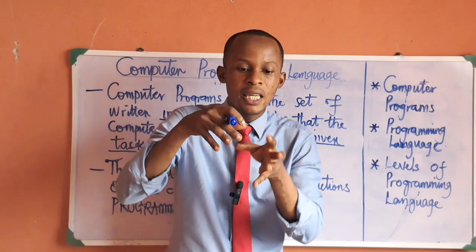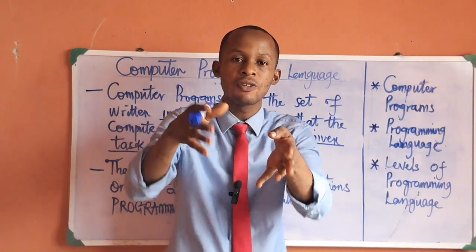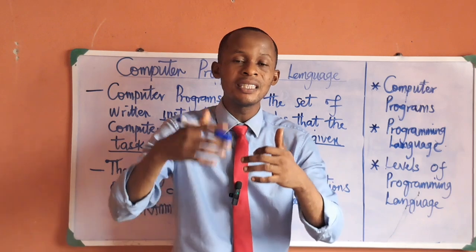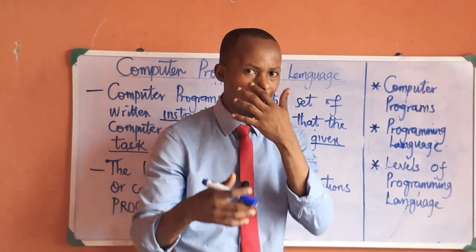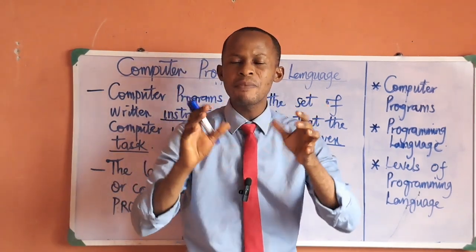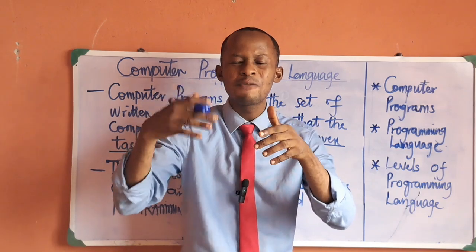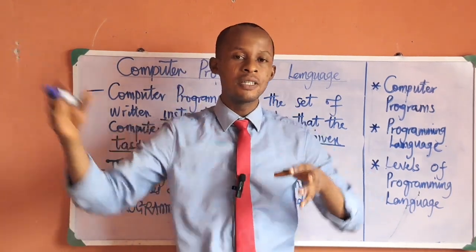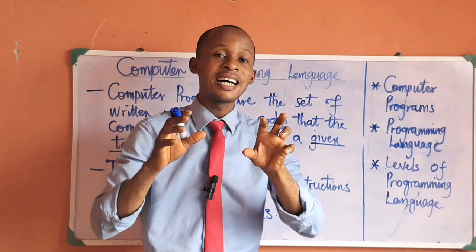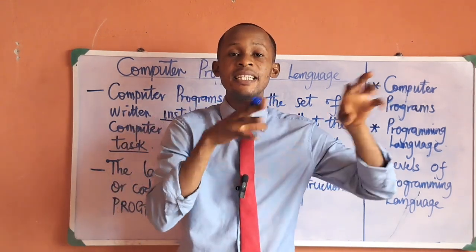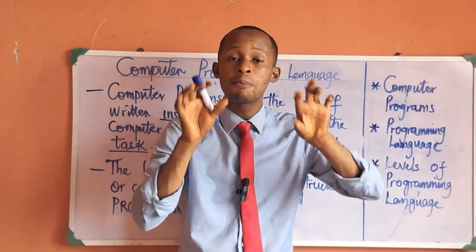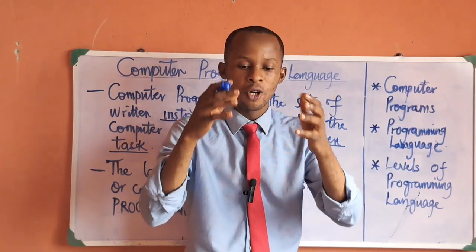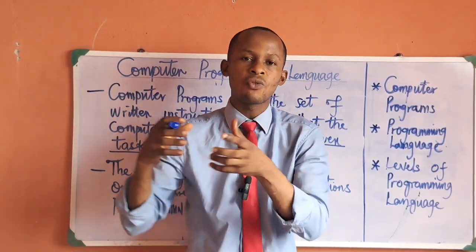They are a set of instructions that the computer needs to carry out a given and specific task. How are they made? Programs are written using specific languages. These languages are called programming languages. These are the languages that software engineers, web developers, or computer programmers make use of to write these instructions.